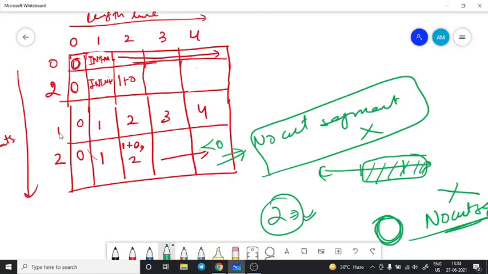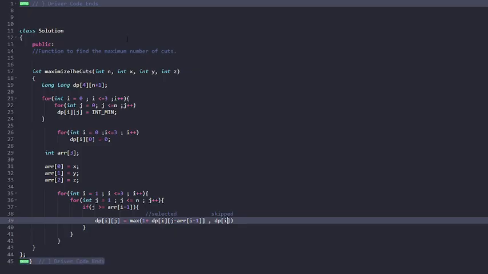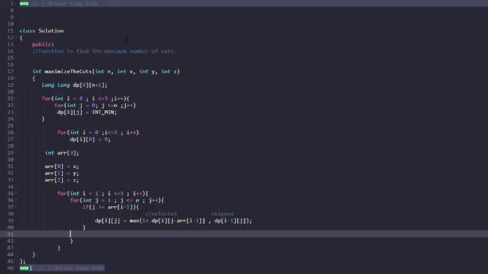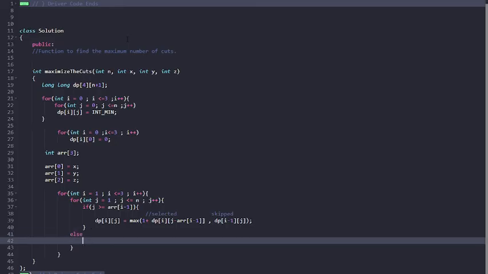If I am skipping this one, I have to take from the above value. So that would be dp of I minus 1, keeping the j the same, that is the length segment the same. Else, if I don't pick this one, I am left with only one choice, so dp of I, j would be equal to dp of I minus 1, j, correct? So that's all the code.